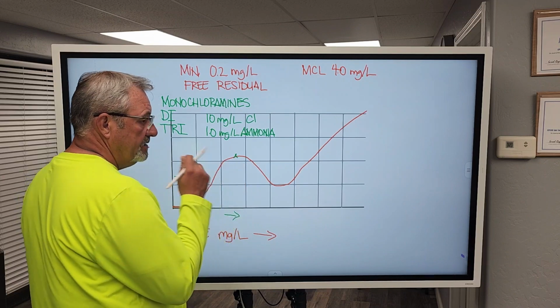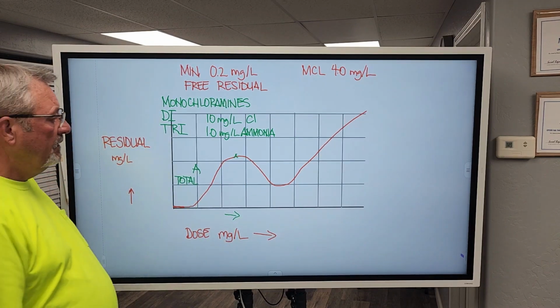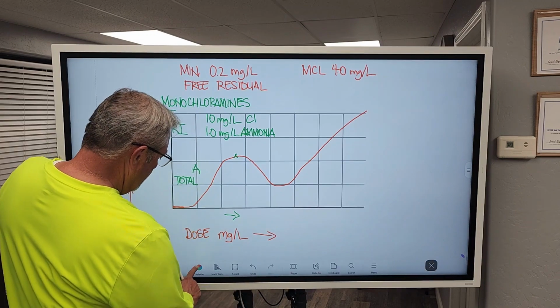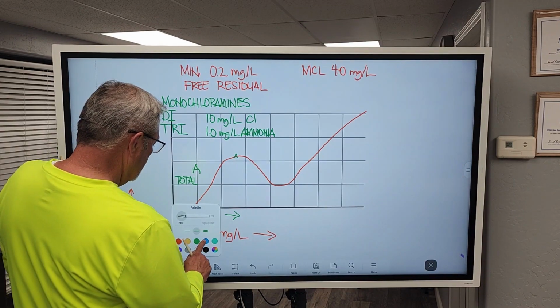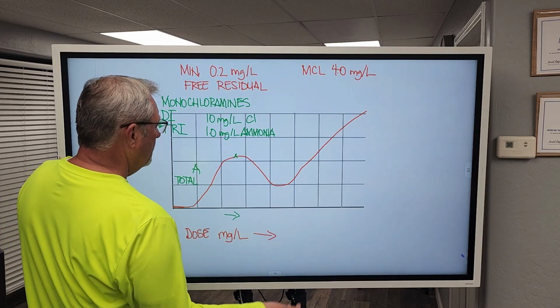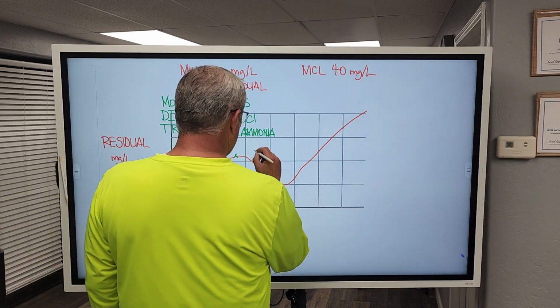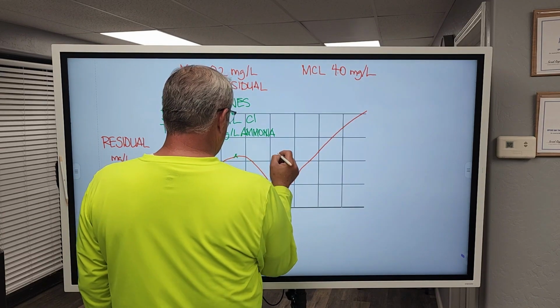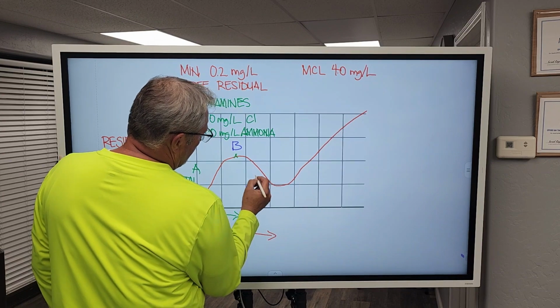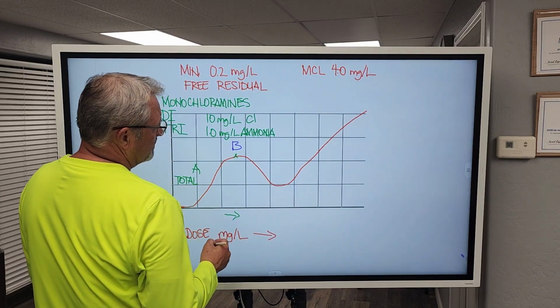And what that does is now we have enough chlorine that it's breaking down. Let's change the color here to, let's call it purple. So in this part of the curve, we're going to call that B. Now we are destroying chloramines.